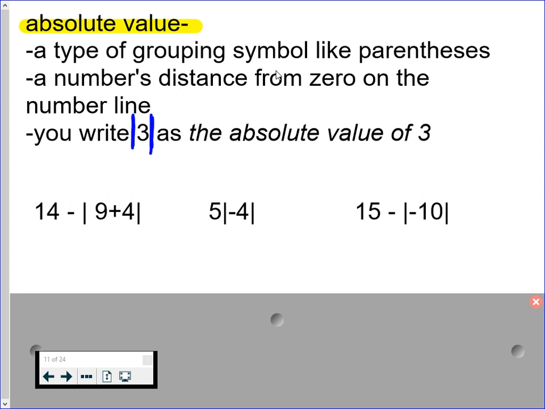Here's where we might see some absolute value in our problems today. So remember, absolute value is a grouping symbol like parentheses. I have to do that first. First, 9 plus 4, 13.